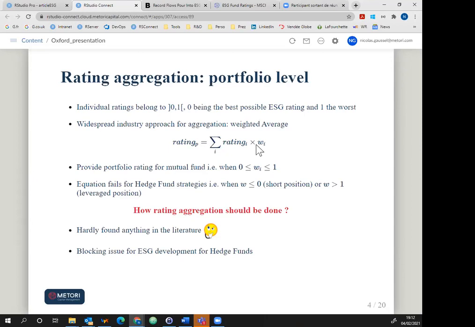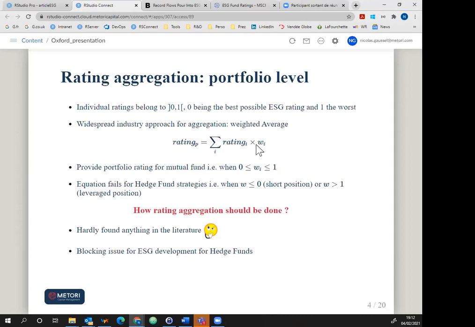And if you take a short position of a rating of 0.5, with a weighted average approach, you end up at minus 0.5. And so it's meaningless, basically. You have the same problem when W is equal to 3, let's say, 3 times leverage on whatever index you can imagine, you end up outside [0, 1].